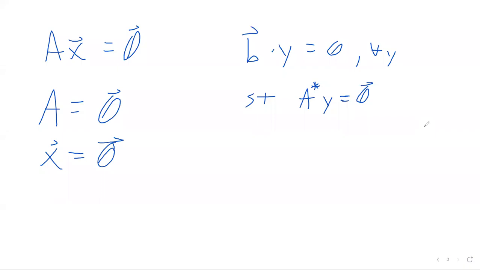And these should be vectors. This A with the asterisk is our adjoint, where we took the transpose and the conjugate of it. We need this to happen in order to have our infinitely many solutions. Otherwise, we have no solution.